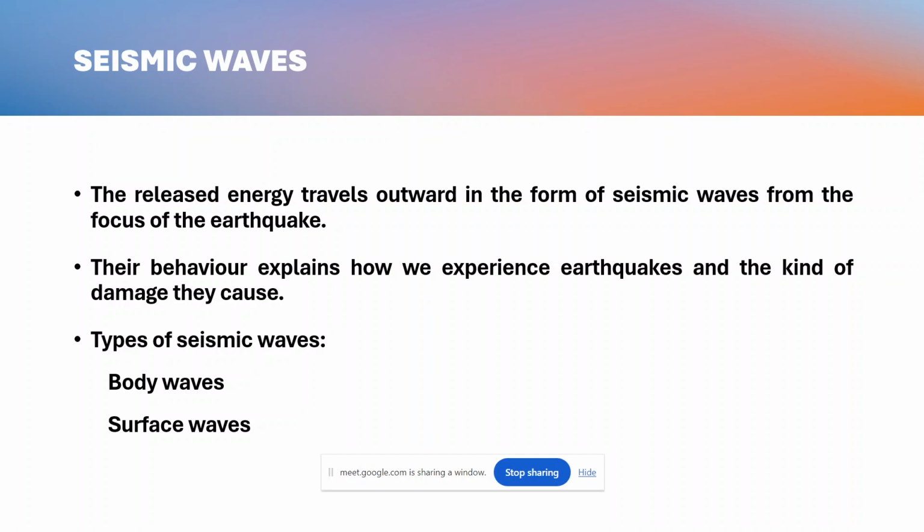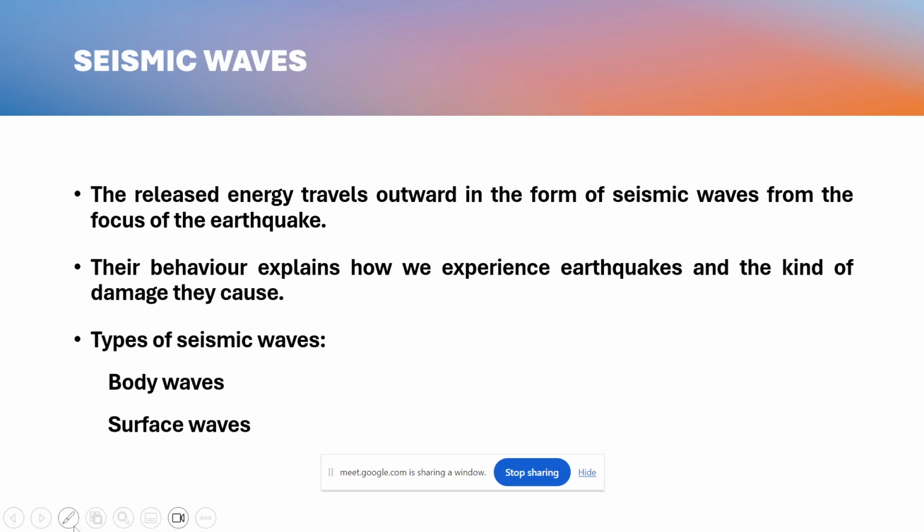Anybody familiar with this term, seismic waves? Okay, so as it is written over here, the released energy travels outward in the form of seismic waves from the focus of the earthquake.